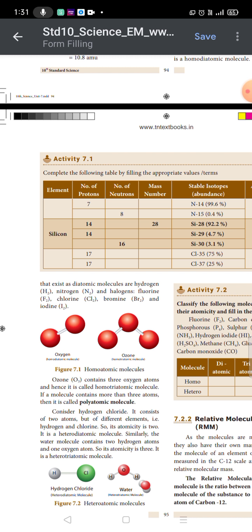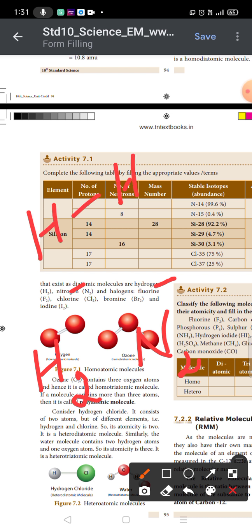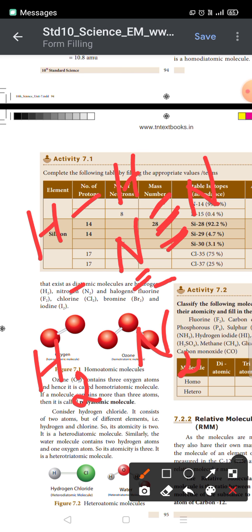Like oxygen, which other elements exist as diatomic molecules? The other gases are hydrogen and nitrogen. Hydrogen exists as H2 and nitrogen as N2. Hydrogen's structure we write as H-H, but in the case of nitrogen we write N triple bond N, because the valency of nitrogen is 3, so 3 valencies should be satisfied.